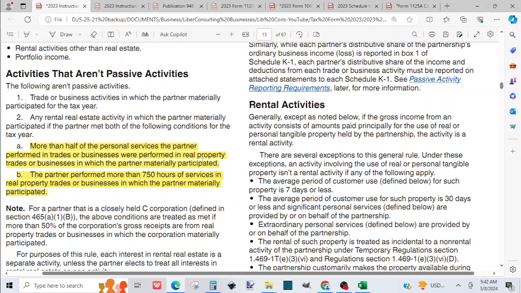So more than half of the personal services that you provided should be performed in those three sections, either one of those three sections. So real property, trade or business in which you materially participate. So the partner performs more than 750 hours of services in a real property trade or business in which the partner materially participates.